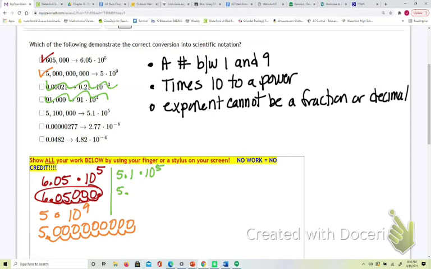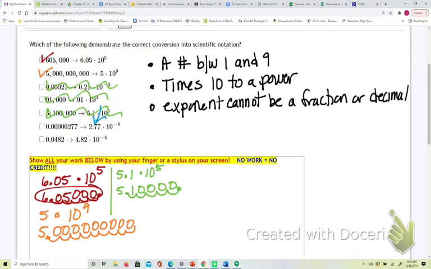So 5.1, and then move the decimal 5 times. 1, 2, 3, 4, 5. Okay, put zeros in the empty spaces. Now, does this number match this number? No. So the one in my work area has 4 zeros, but the one in the problem has 5 zeros. No, don't select it.